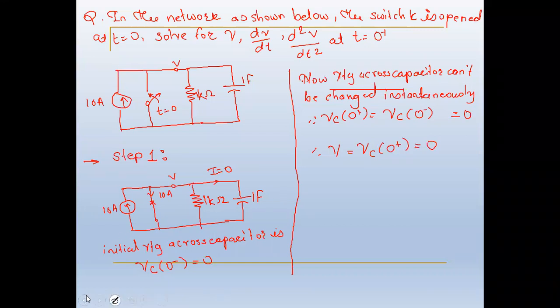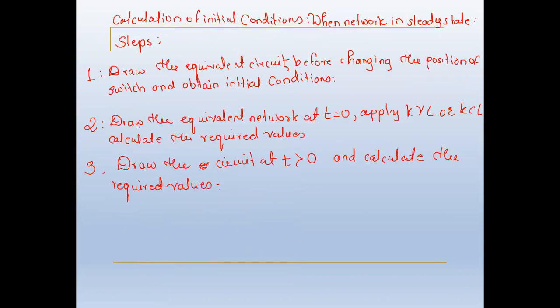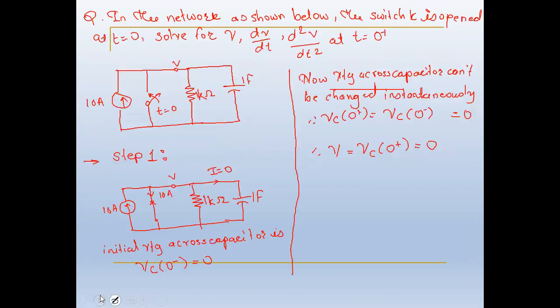Now, the second step. What is the second step? Draw the equivalent network at t is equal to 0, apply KVL or KCL, calculate the required values. So let us go to the next slide for this one.